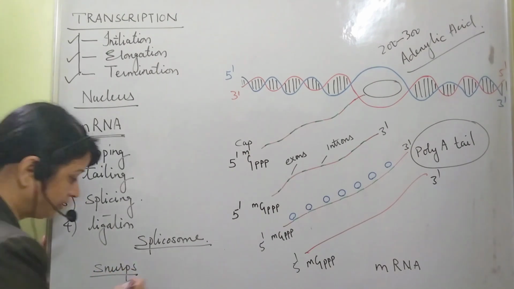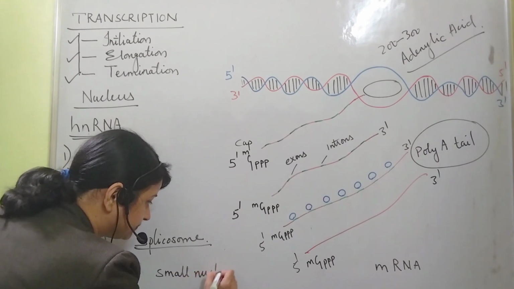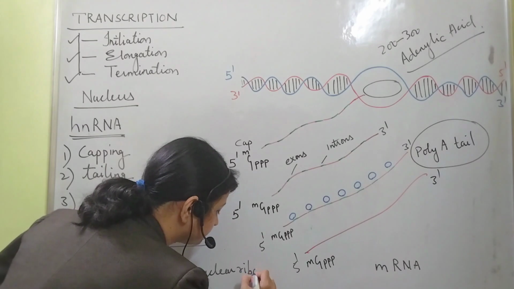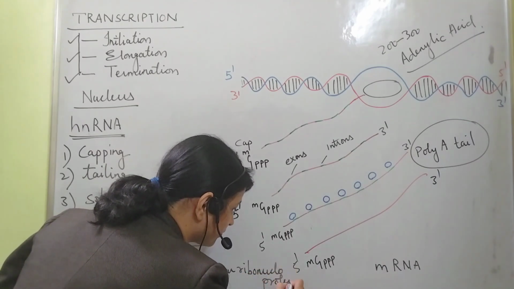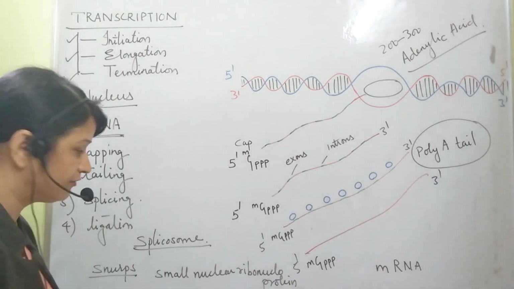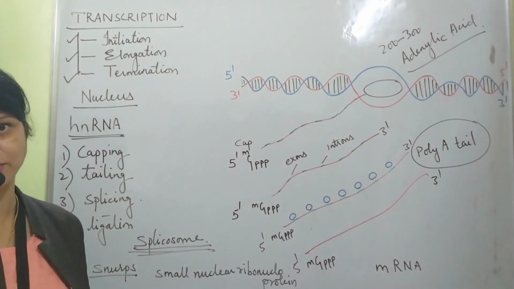SNRP stands for small nuclear ribonucleoprotein. This protein, along with some other proteins, forms a complex, and that complex is known as the spliceosome.